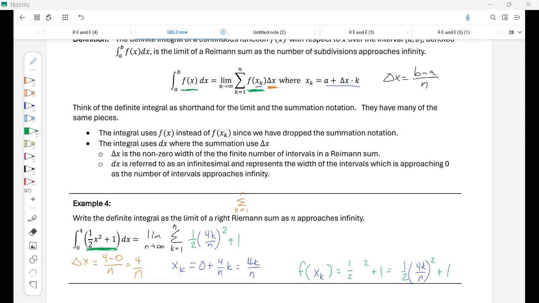And that function needs to get multiplied by delta x. So in order to multiply that function by delta x, I better put that in parentheses. Otherwise, I'd only be multiplying the 1 by the delta x. And from there, I just need my delta x, which is 4 over n.